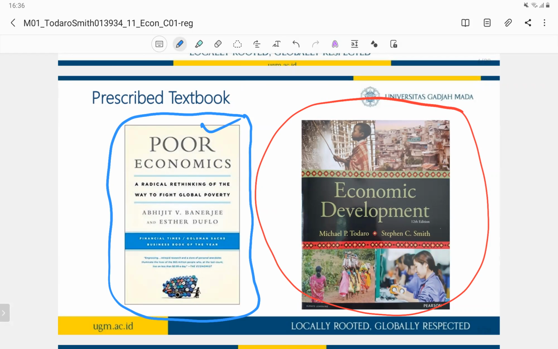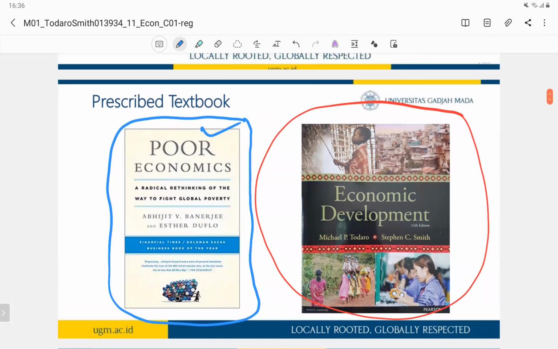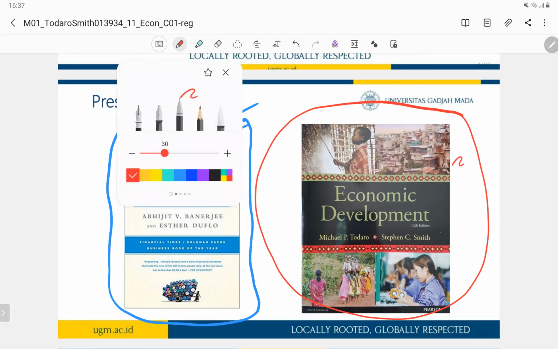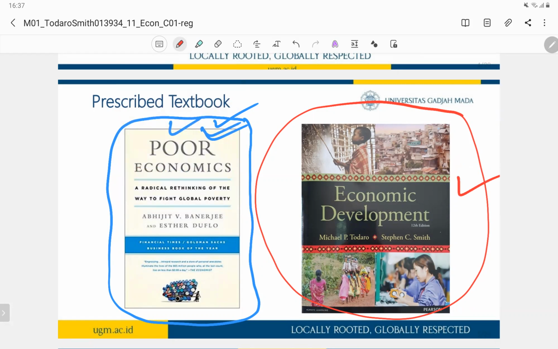So the current issues, the empirical research, you will find it here. I think it's a really good book to read outside the class, to spend your spare time on. If you can get a hold of this book, that will also be great. But all of the PPT from Todaro's book, I will share with you every week after the lecture is over. That way you can learn by yourself after the class. Okay?